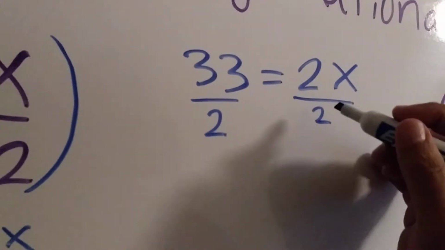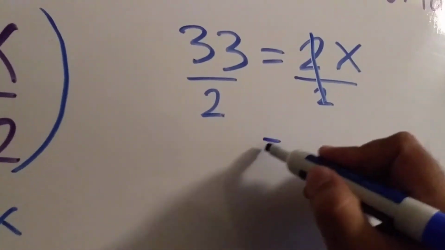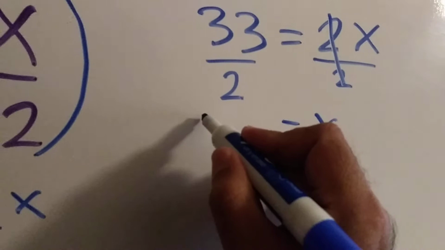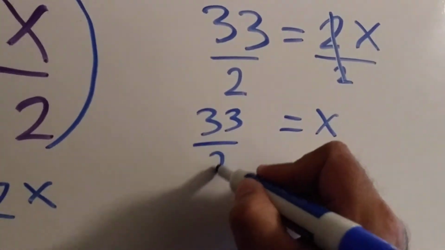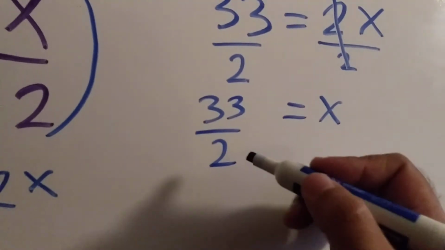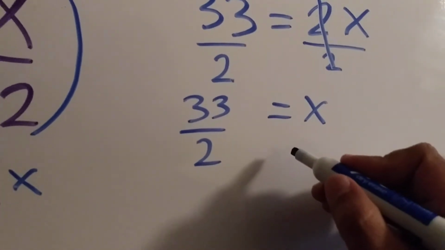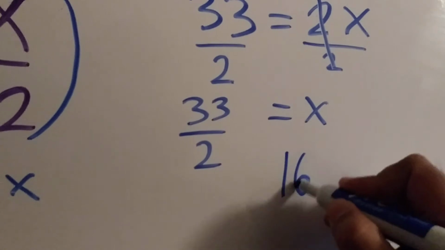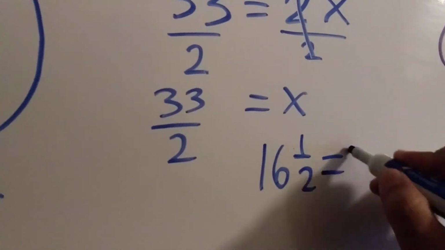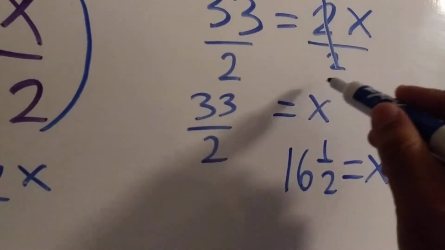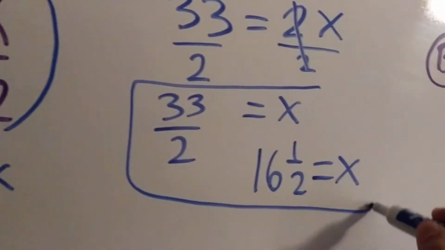In doing so, the 2's cancel out and we're left with x, which is the same thing as 33 halves. You can leave it as 33 halves, or you can go ahead and do the mixed number, which would be 16 and 1/2 equals x. Whichever one of the two answers is perfectly fine.